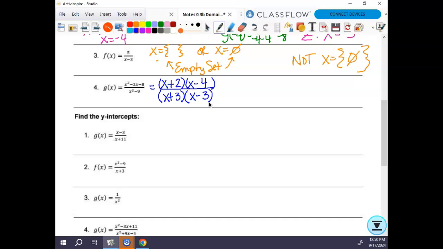Can I reduce anything? No. So my zeros are x equals, and where do they come from? The numerator, and I get negative 2 and 4. What questions do you have? We good? Okay.